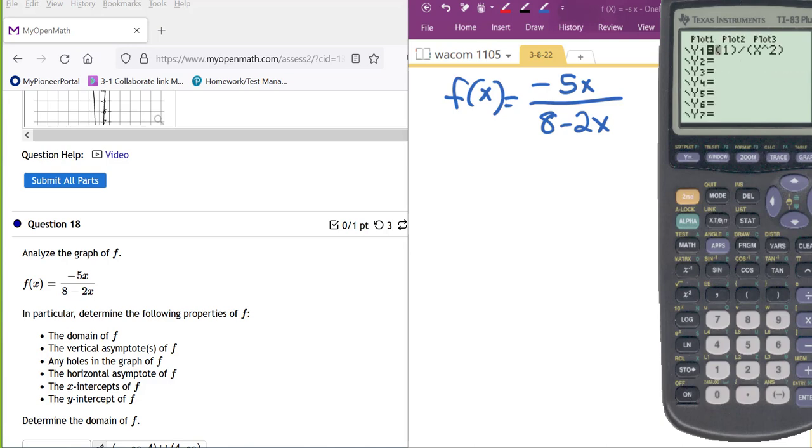So we'll do y equals, clear this out. Remember parentheses for your numerator and denominator. So negative 5x, close, divided by parentheses 8 minus 2x, close, graph.